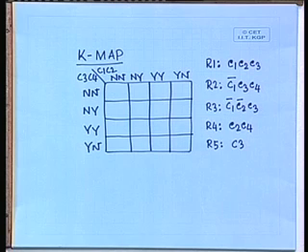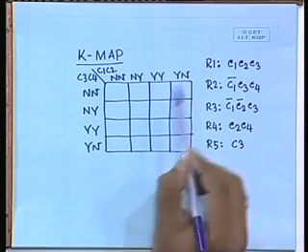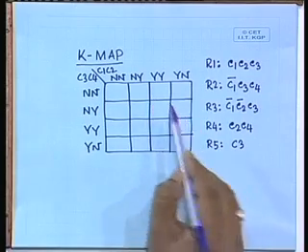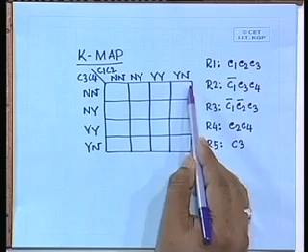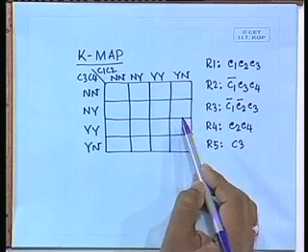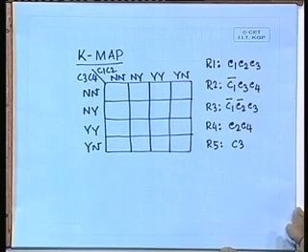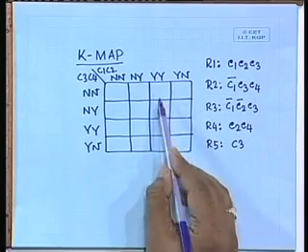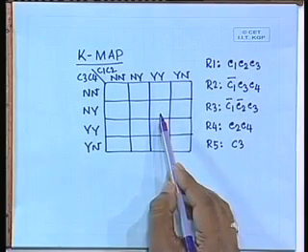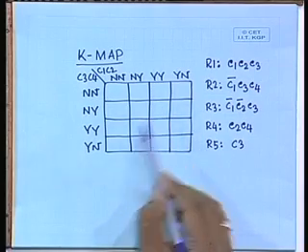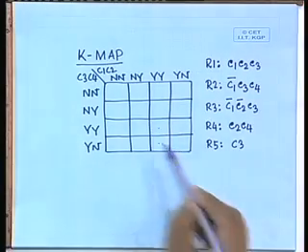So, first we begin with C1, C2, C3. C1, yes, is this. C2, yes. C1, C2 both yes is this, and C3 also yes is these two.